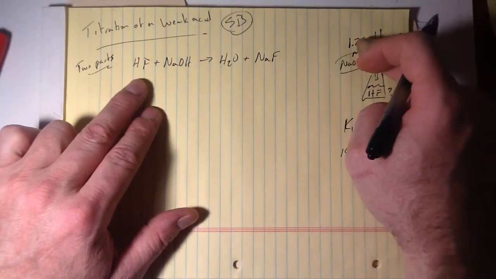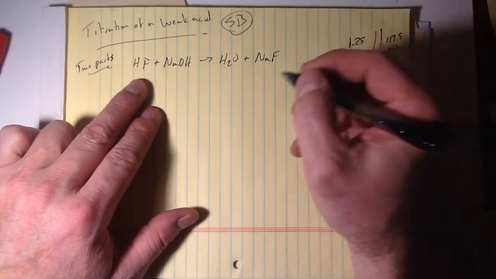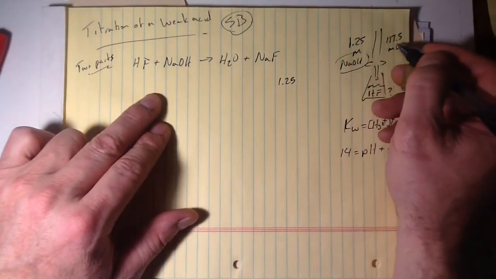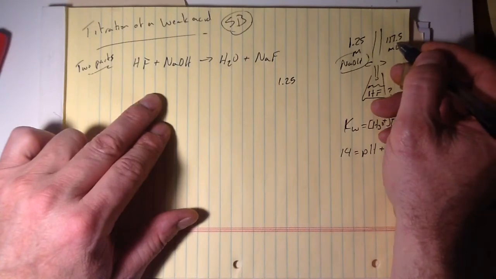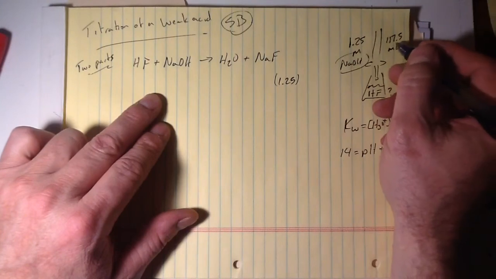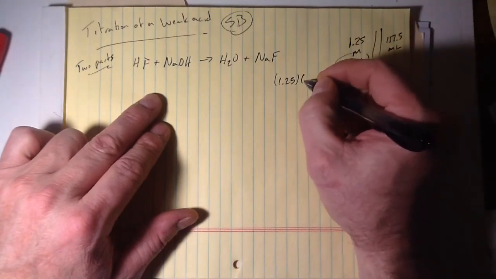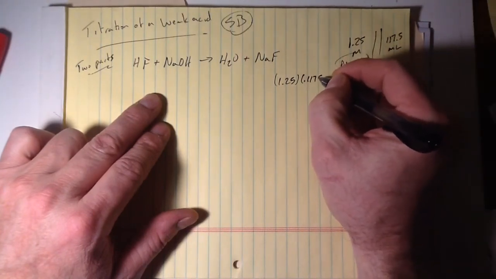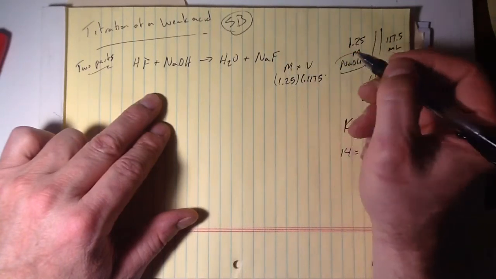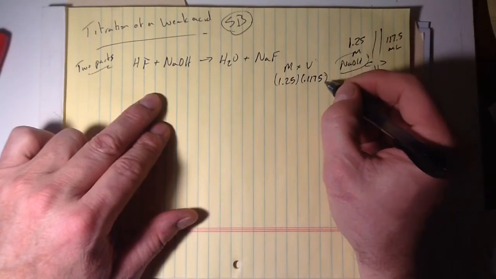Well, we know exactly our titrant, so we can take the 1.25 molarity and times it by the liters. 117.5 mL is 0.1175 liters, and again we're just using that rule, molarity times volume is going to give us our moles.